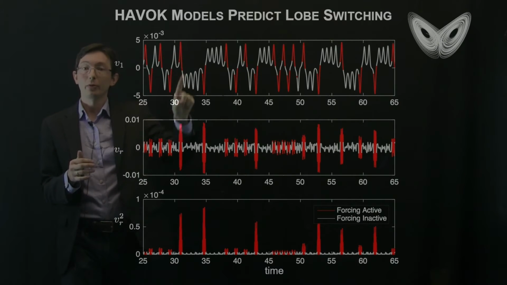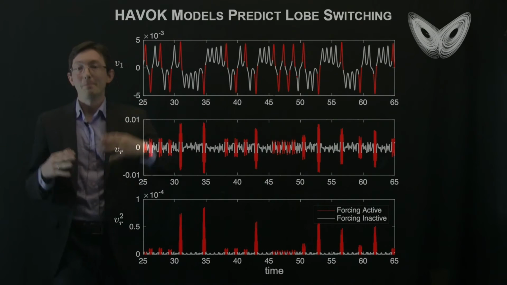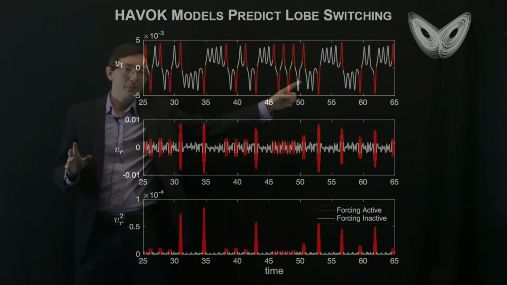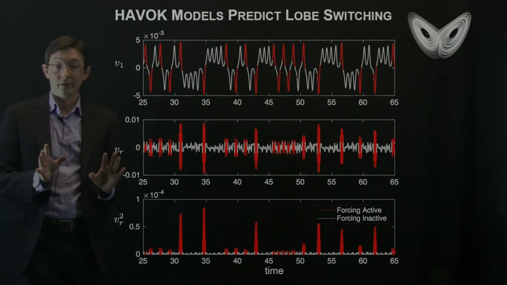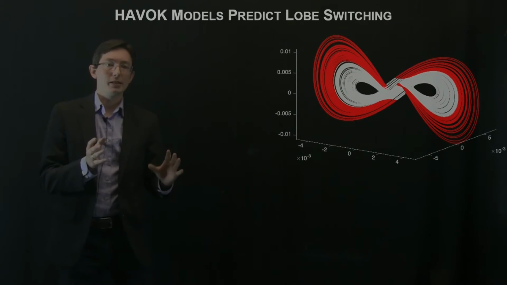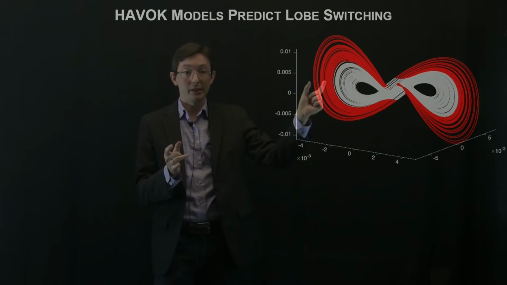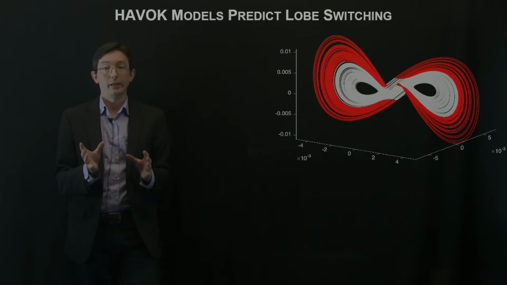So you get this great prediction when this red signal comes on that the lobe is about to switch. It's not perfect. We don't capture every single one of them, but it's pretty good. It's pretty predictive. Okay? And you can take those red regions and color code the embedded attractor by whether the forcing is active, that's red, or inactive, in white.